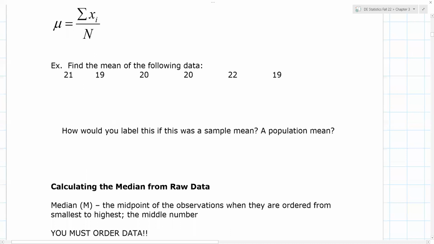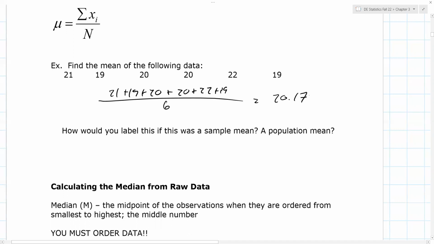All right. Using your calculator, go ahead and find the mean of that sample data. So we go through and we're simply adding. So we add everything up and we divide. There are 6 numbers, so we divide by 6 and we get 20.17.